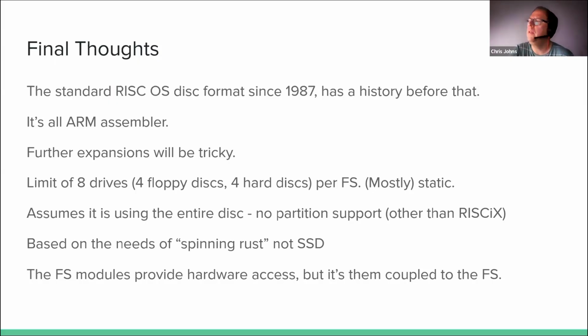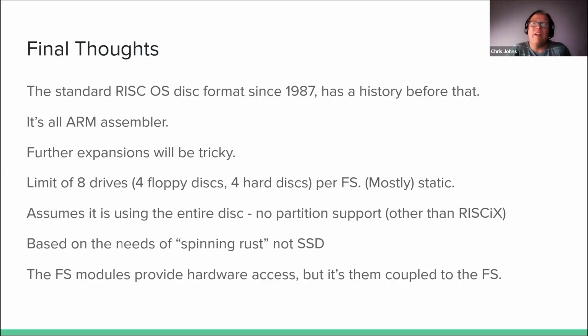And the way that it works is that you have a module that provides you access to the hardware. So the ADFS module will give you access to the, well, it's SATA now, isn't it? But initially, on the early Archimedes, it would have been the ST506 drives, and then when they introduced the A5000, the IDE drives, and the varying floppy drives.